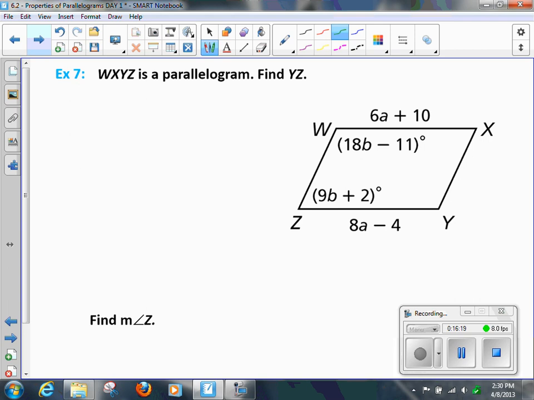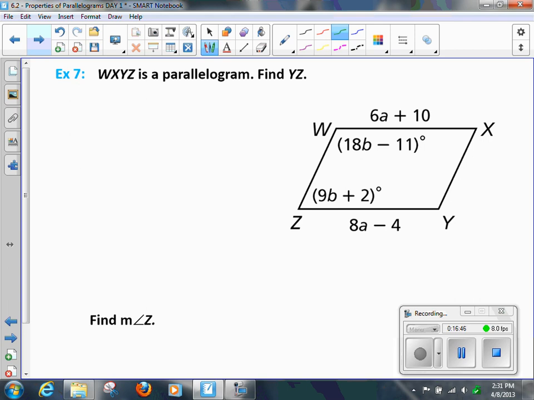What are congruent? What is it, Amber? Opposite sides are parallel and congruent.